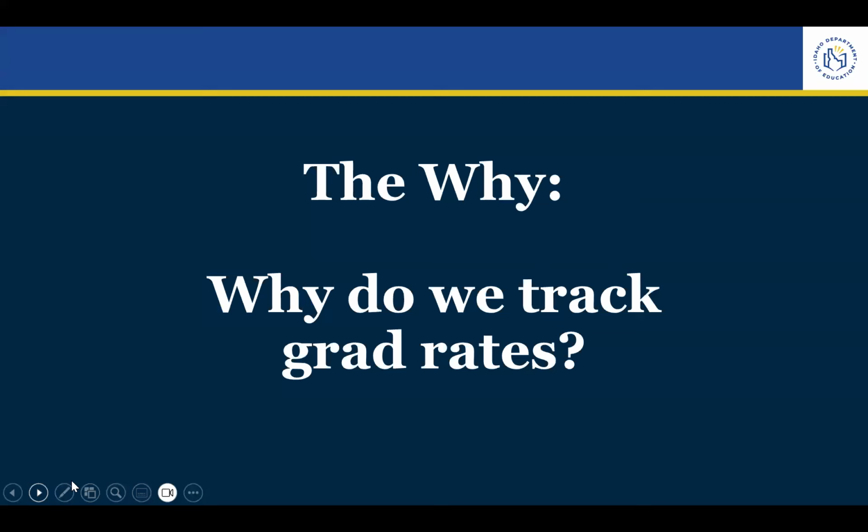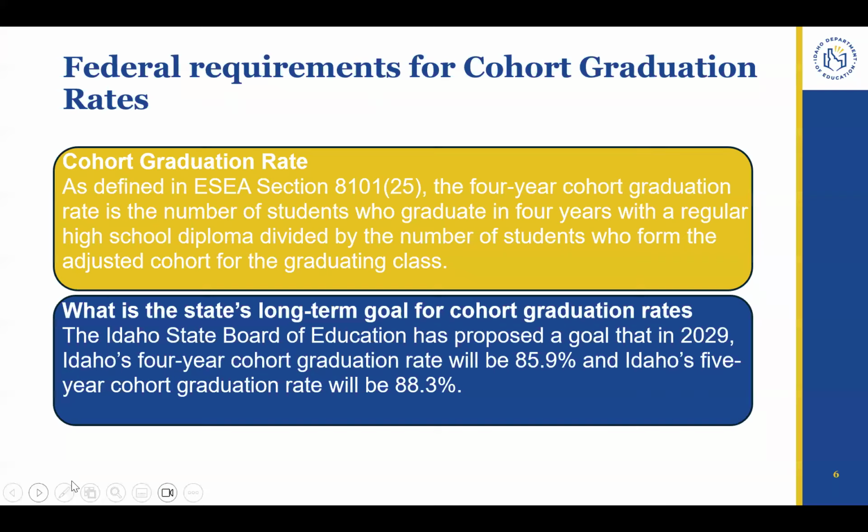All right, so we're going to quickly review the why behind cohort grad rates. A brief reminder of where these requirements come from. Cohort graduation rates are defined in federal law under ESEA, which ensures a consistent way to calculate and report graduation outcomes. The 4 or 5-year cohort graduation rate includes students who earn a regular high school diploma within 4 years based on an adjusted cohort that accounts for students who transfer in or out over time.